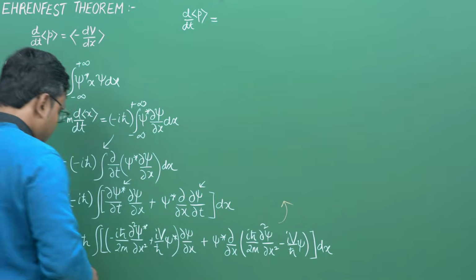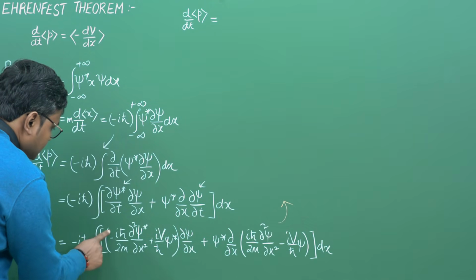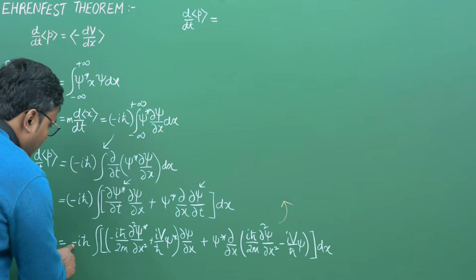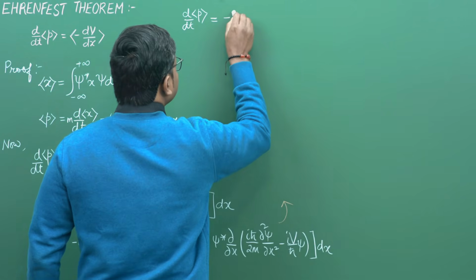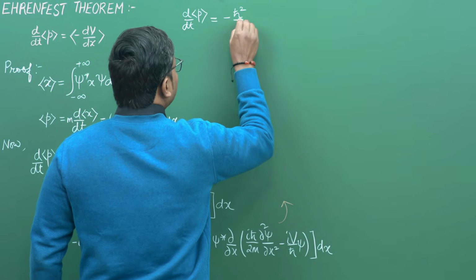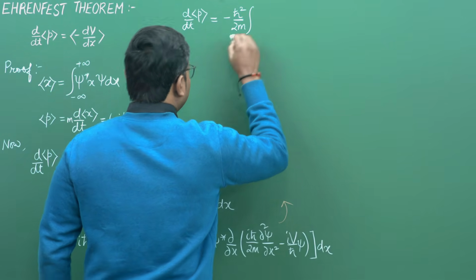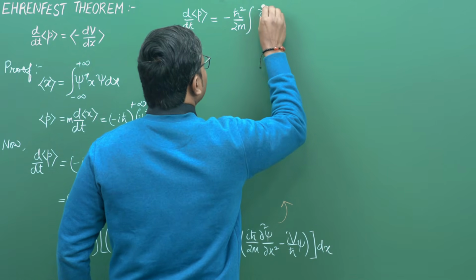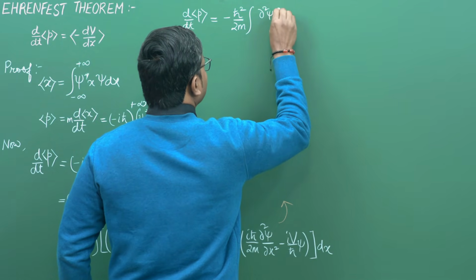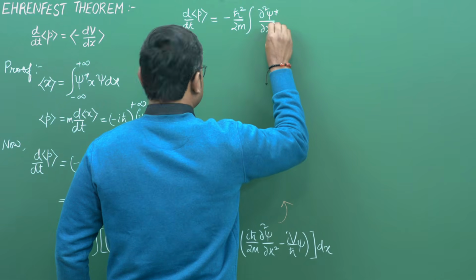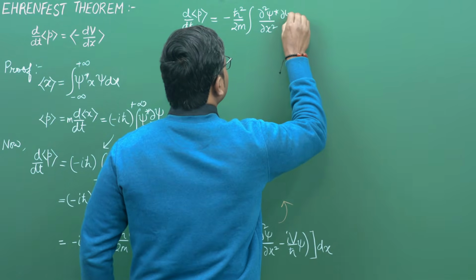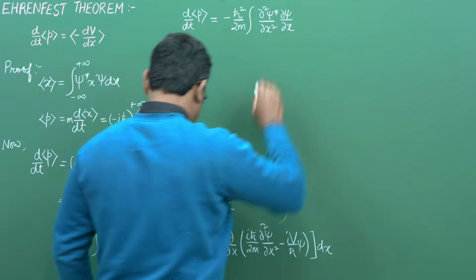So if I do that, so what happens? Iota h cut times iota h cut, what happens? So h cut square upon 2m, minus minus becomes plus, and iota square is minus. So here I get minus h cut square upon 2m integration. I have this particular term del 2 psi star upon del x2 times del psi upon del x, okay? This is one term, the first term.